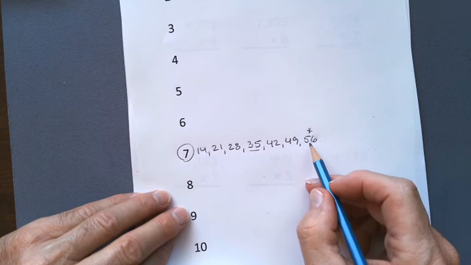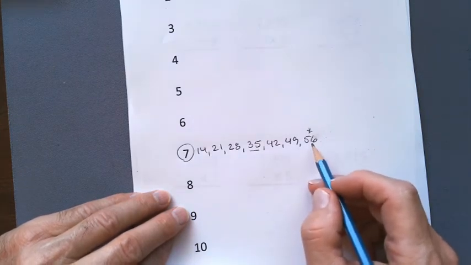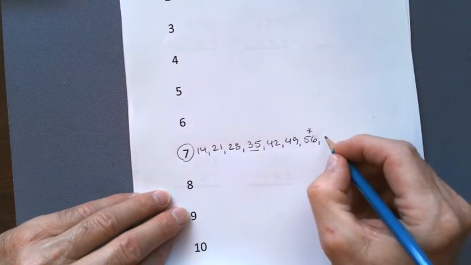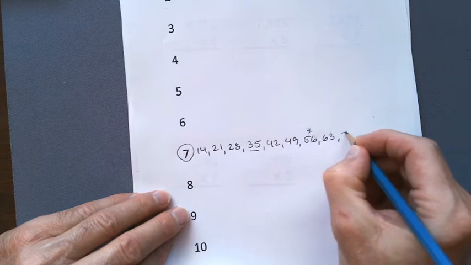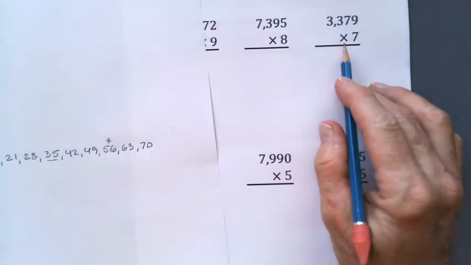This is 8 times 7, or 7 times 8. This is the one you have to memorize. 7 times 8, 56. 8 times 7, 56. 63, and then 70. This is 10 times 7. So we're going to use these products to solve this problem right here.